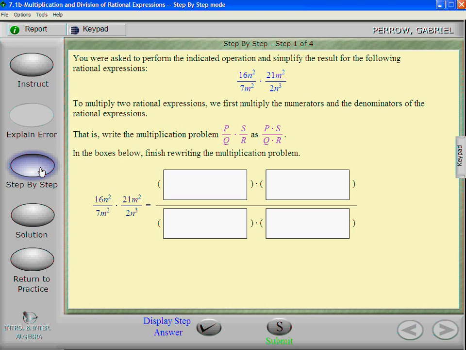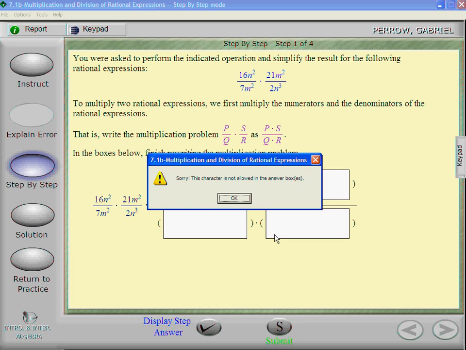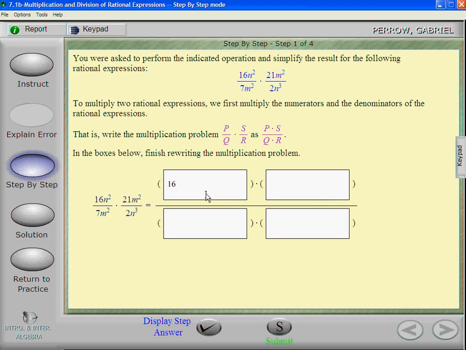They're saying first, let's just recognize that we can multiply across the top and across the bottom, but they are going to leave things separate. So this is fine here. 16 n to the second, 21m squared.